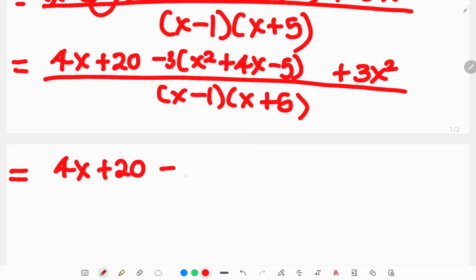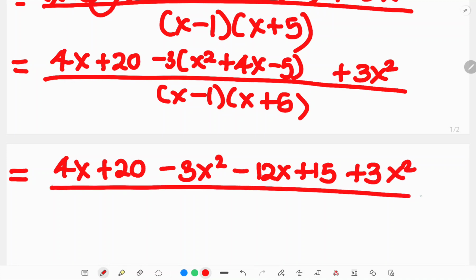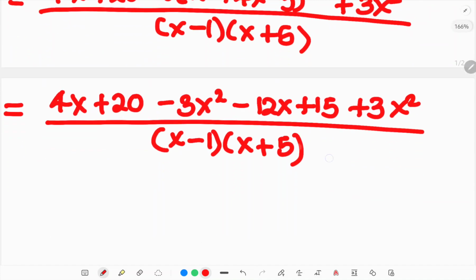This is minus 3x squared, minus 12x, plus 15, plus 3x squared. So even if you didn't do that, at the end of the day you will still have to distribute a negative sign. So that's one way, but as long as you're following this, you will get to understand it.